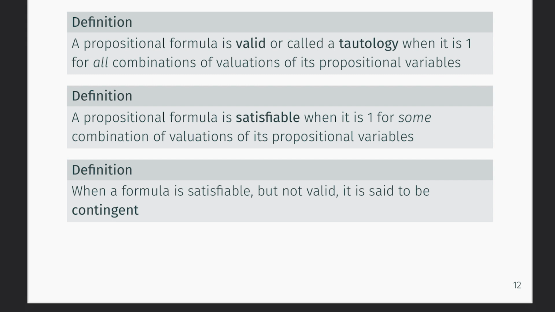A propositional formula is satisfiable when it is 1 for some combination of valuations of its propositional variables. So phi is also satisfiable because it is 1 for some combination, but it is also valid, or called a tautology, because it is 1 for all. So it's both satisfiable and valid or tautology. Now, if a formula is satisfiable but not valid, it is said to be contingent.